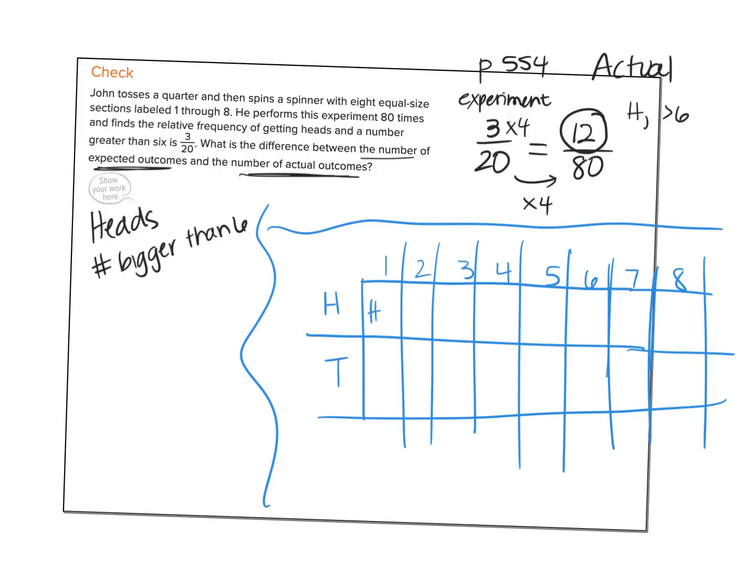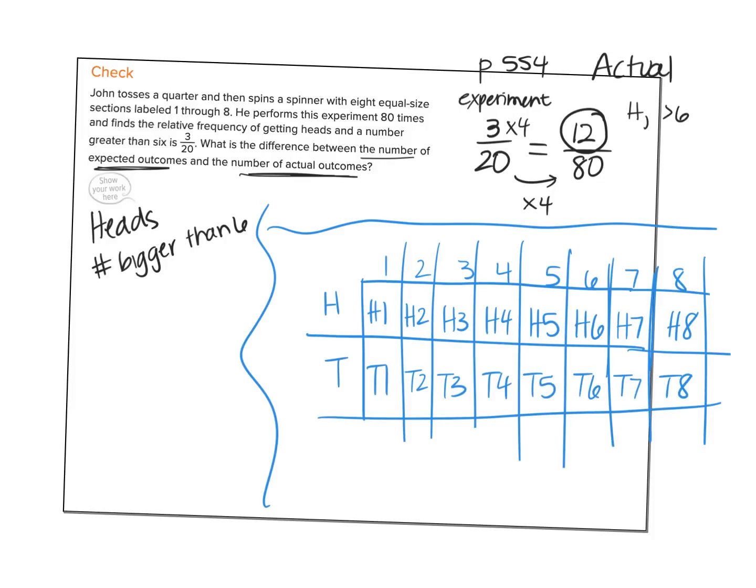So he could get a heads and a 1, heads 2, heads 3. You guys can fill this in. This is not too hard. Okay, so I'm just filling in all the different things he could get. Heads 8. Then I do tails 1, tails 2, 3. You can keep going here. All right, and I have all my different outcomes.